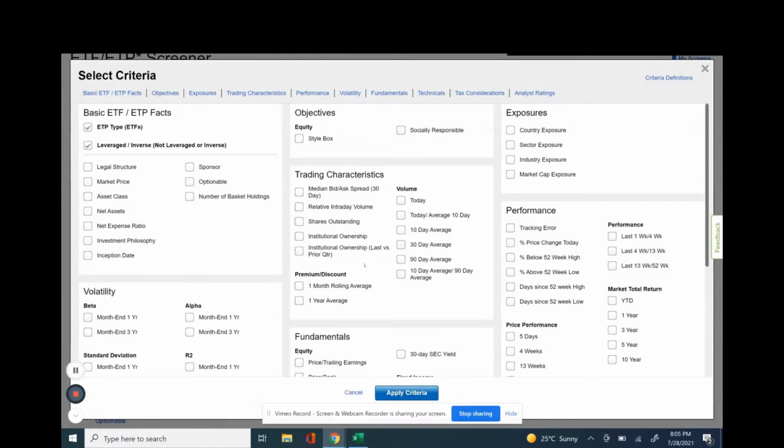You also have things like your trading characteristics, your performance, your volatility, your fundamentals, your technicals, your tax considerations, as well as your analyst ratings. I will probably try to explain all these aspects when we have an extract. So let's try to get an extract first.